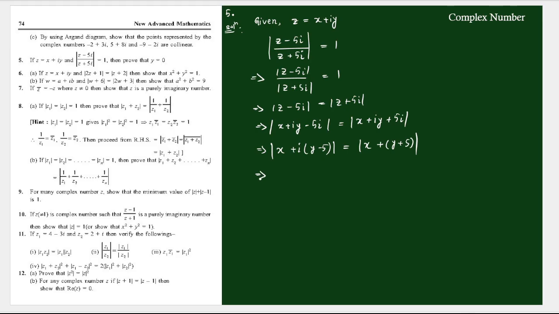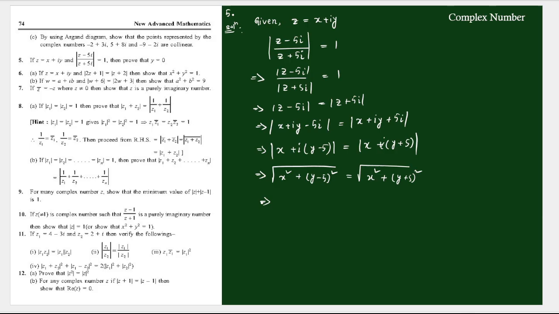Then now you use the modulus formula. This is your x, this is your y, this is your x, this is your y. Where is i? So it is the square root of x square plus y minus 5 whole square, and here also the square root of x square plus y plus 5 whole square. Now you can remove the square root on both sides.